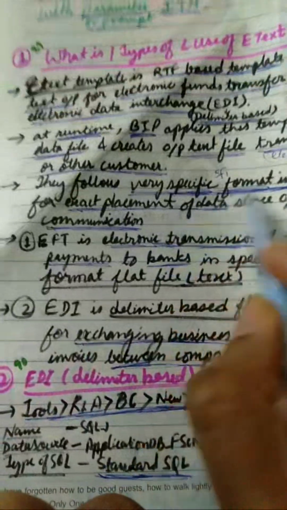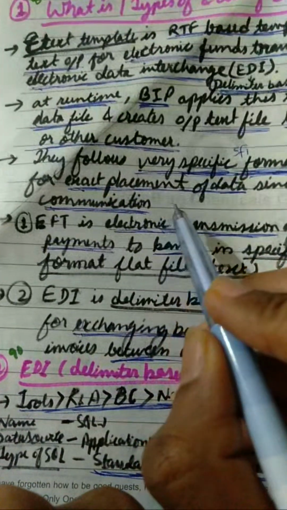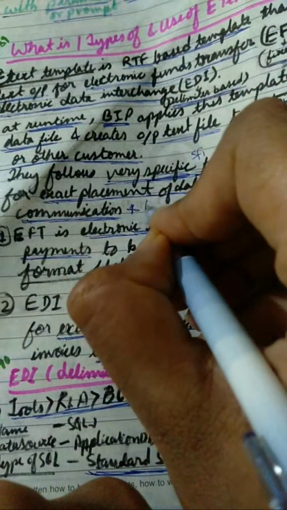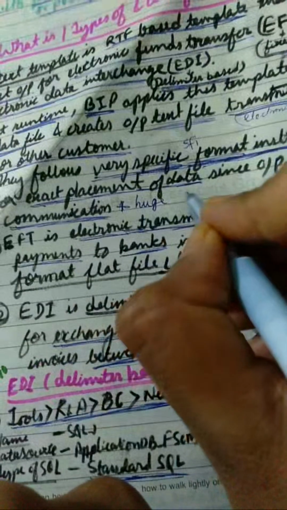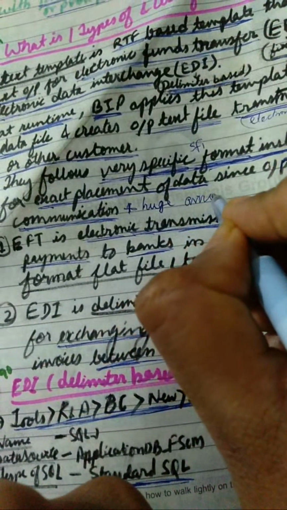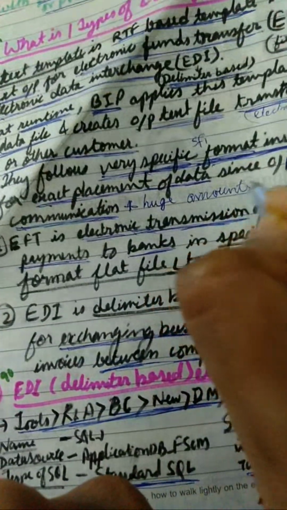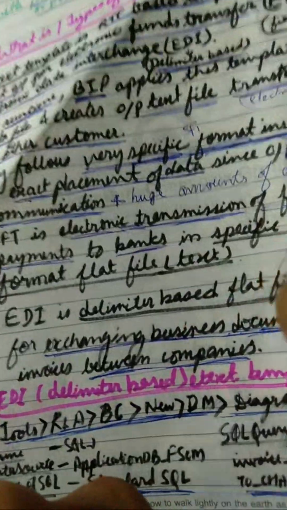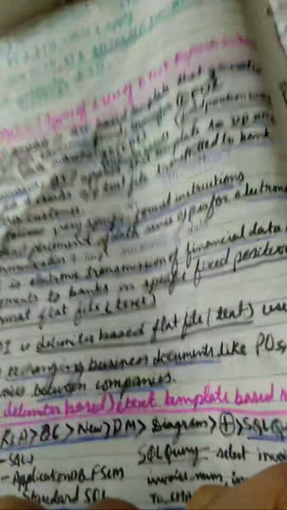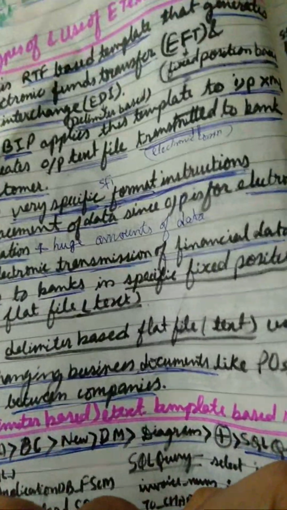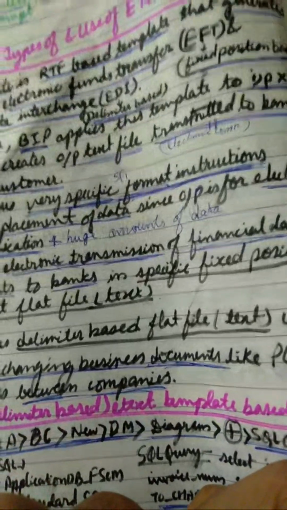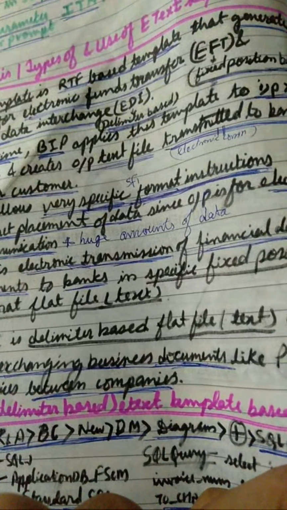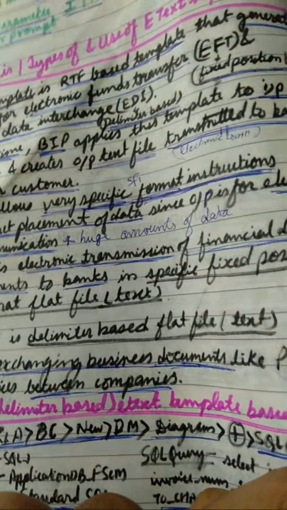The first one is that the output is for electronic communication, plus it also deals with huge amounts of data. The second thing is that both deal with huge amounts of data. Let's say I want a report with all the POs generated for 1 month, 2 months, 3 months, or a certain period of time, maybe a quarter.